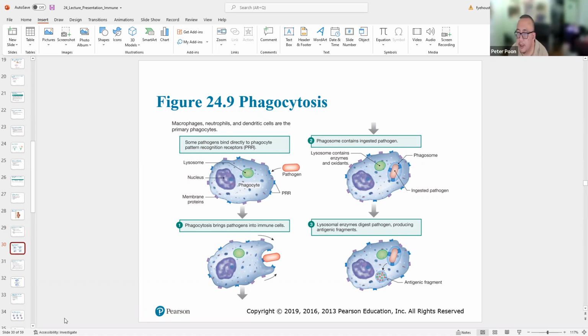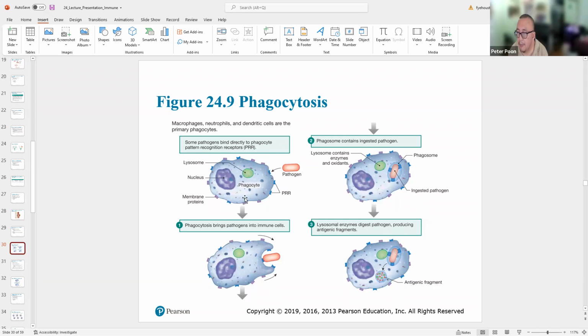You can see this is what happens. The pathogen can bind directly to pattern recognition receptors, or it can have antibodies on it. The antibodies on the surface will be attracted to the macrophages.